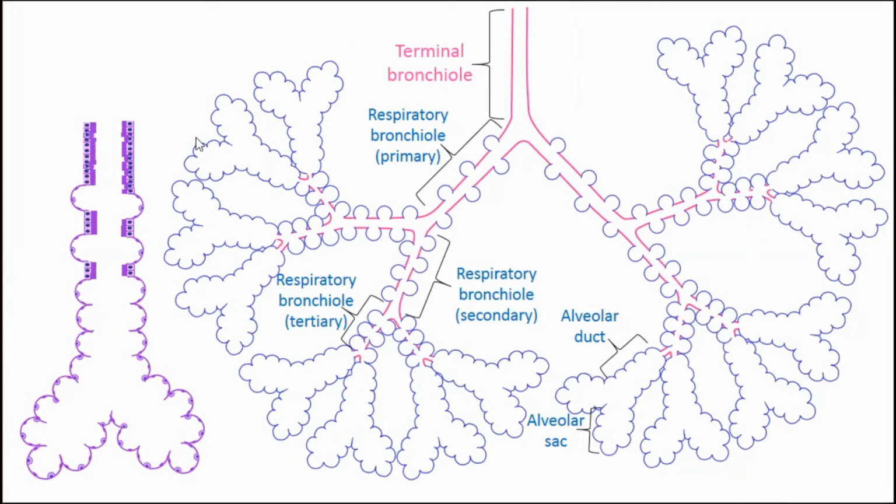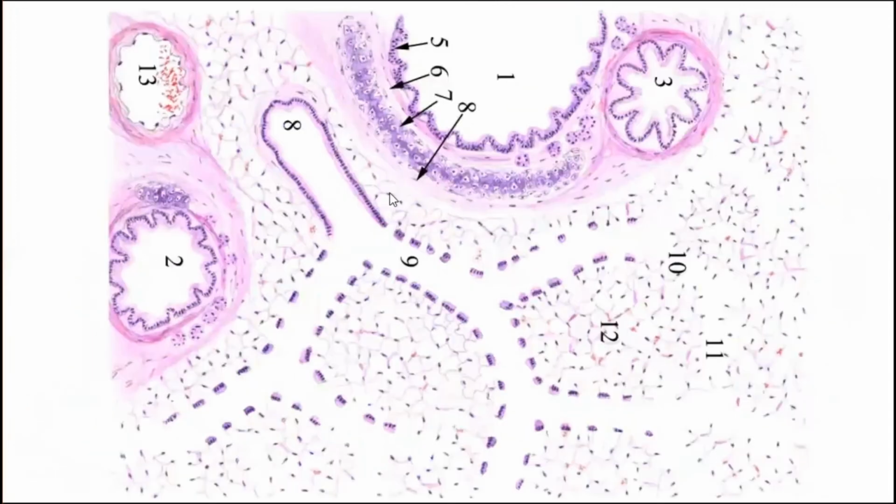And these branches of this bronchial tree formed by terminal bronchiole are called pulmonary acinus. So here we can see terminal bronchiole is divided into two primary respiratory bronchioles. There are islets of ciliated epithelium and alveoli inserted in the wall of respiratory bronchiole.